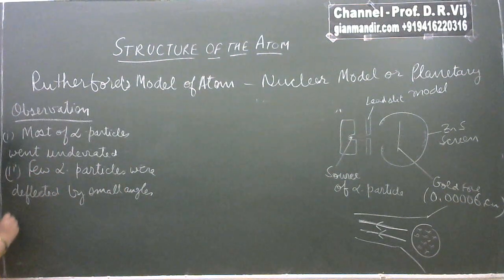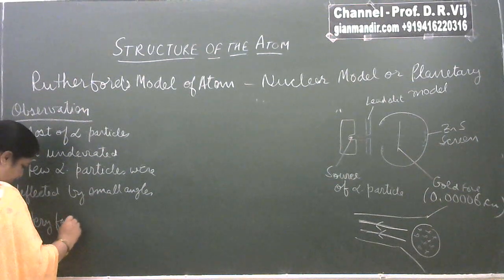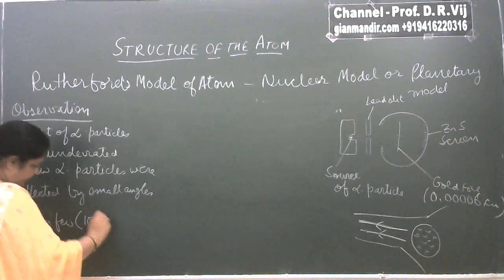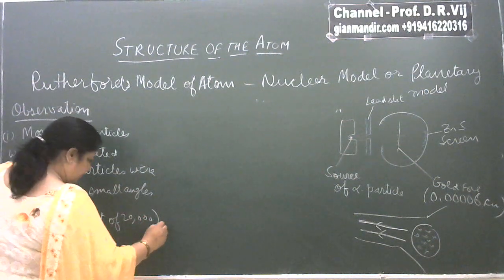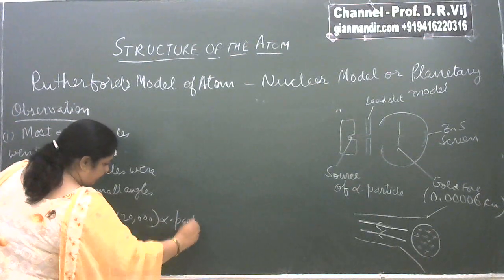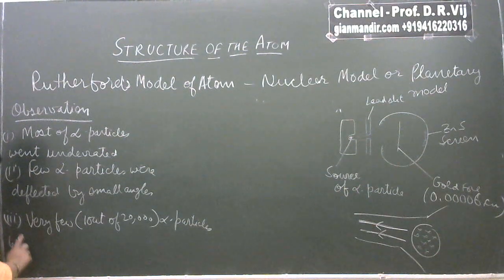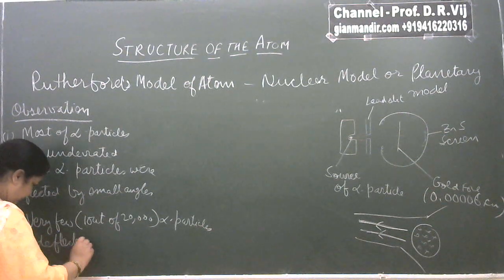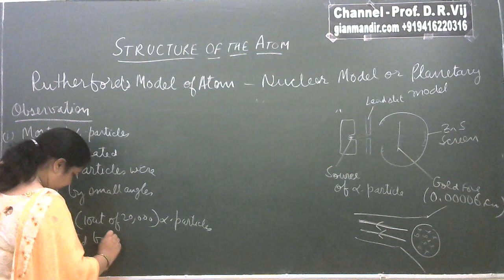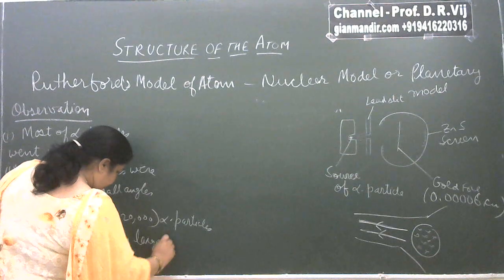And the third observation was that very few, you can say 1 out of 20,000 alpha particles, were deflected by very large angles.